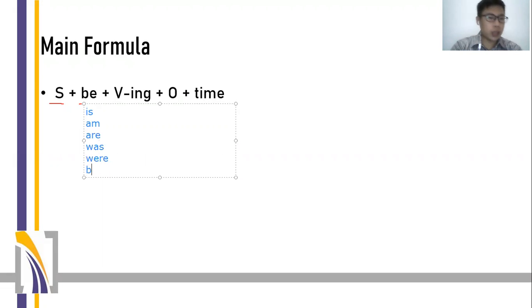But we will not use that for the future; we will use something else. So we use the be, then the verb ing, then the object, and also the time. Okay, I'm sorry if we're going fast because I'm only recording this.